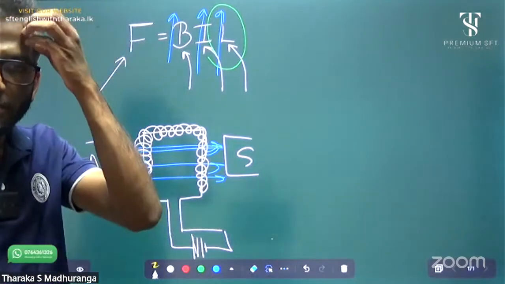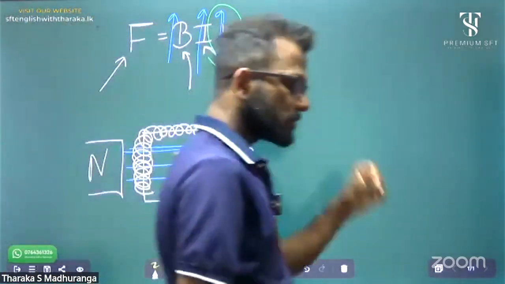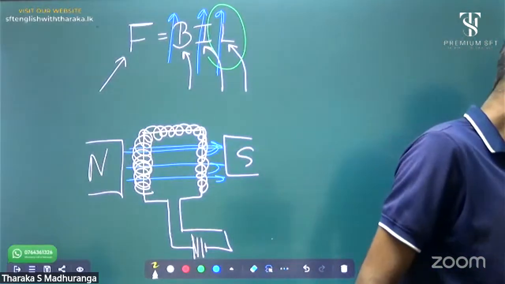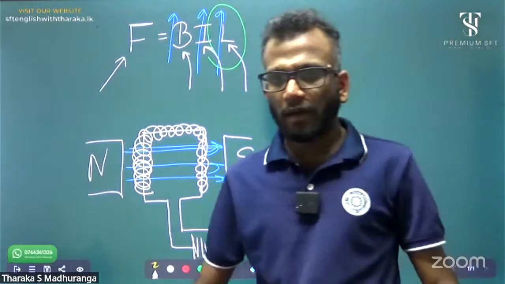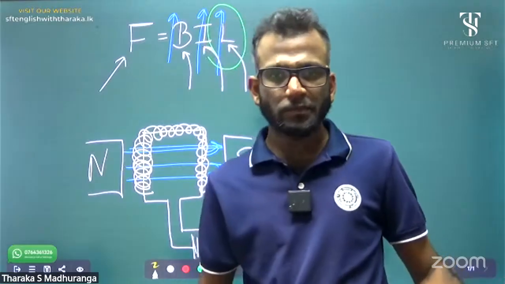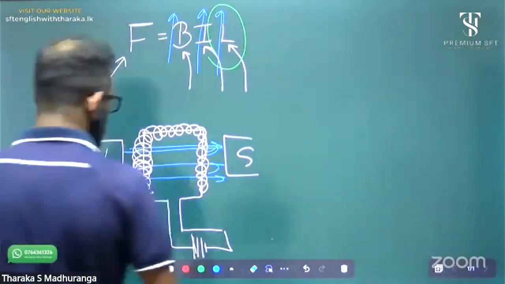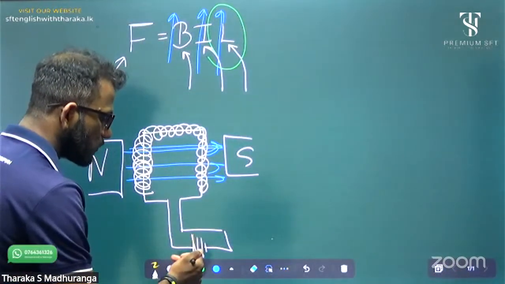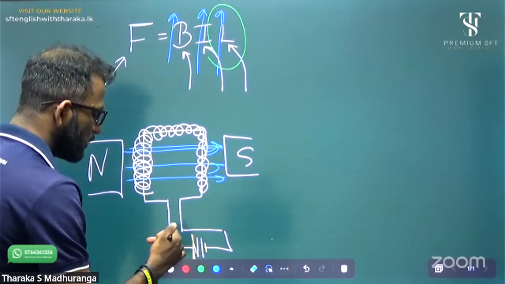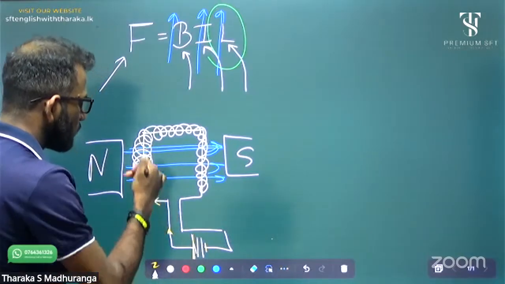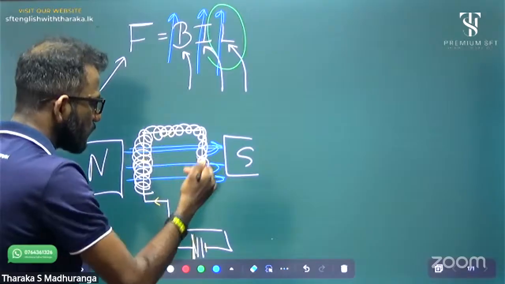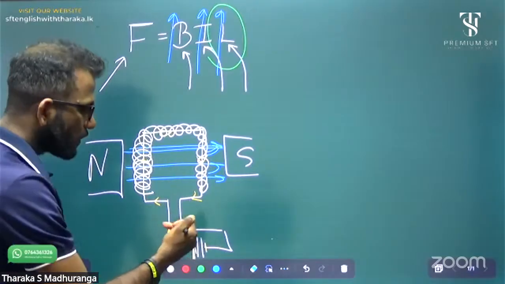Very good, it is positive to negative. This is the positive side and this is the negative side of the battery. Then the current flows this way. This is the current path.